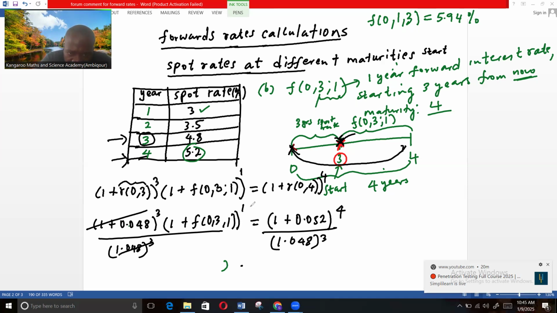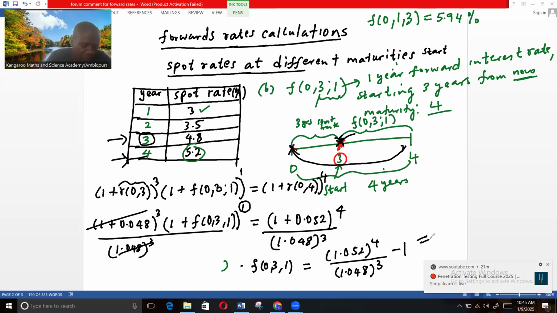So you see, this is x to the power of 1, so to get the forward rate F(3,1) it's 1.052 to the power of 4 divided by 1.048 to the power of 3, minus 1. And we can work it out there. So it's 1.052 raised to the power of 4 divided by 1.048 raised to the power of 3, if I'm not mistaken.